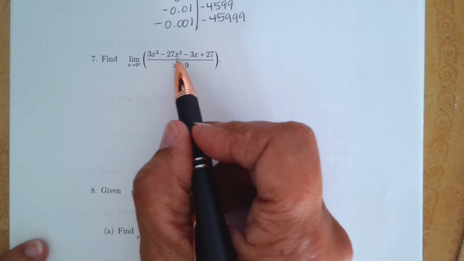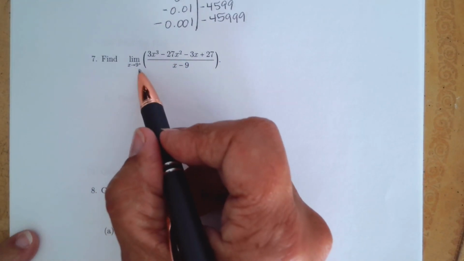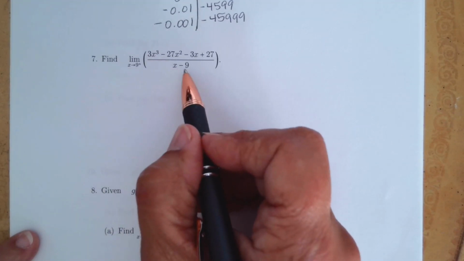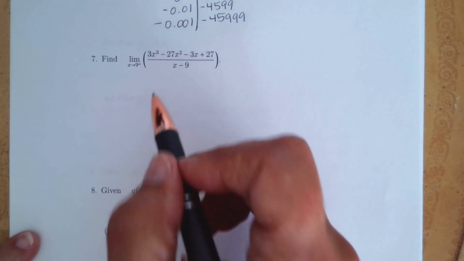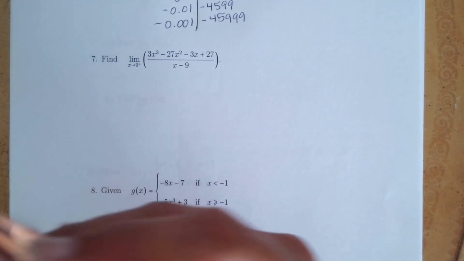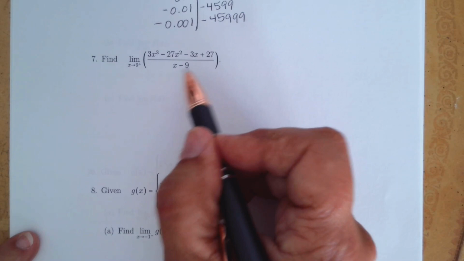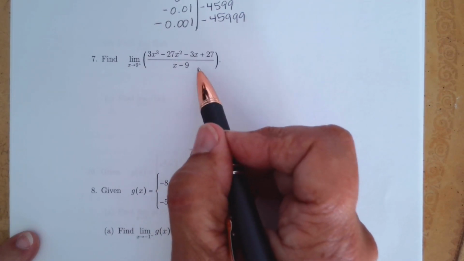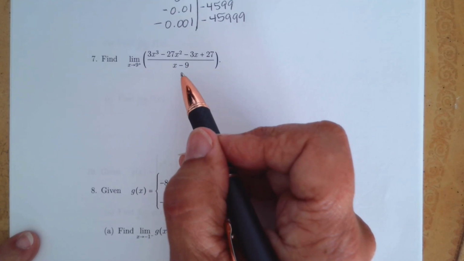So I know that I can factor this top by grouping. Now I know if I put 9 in here, I can't use 9. 9 minus 9 is 0, so I have to do something else. So you have the calculator, you have graphing, you can use a table. But if you can simplify and cancel, reduce this down, and get rid of the x minus 9, that'll work too. Leave you with a polynomial.